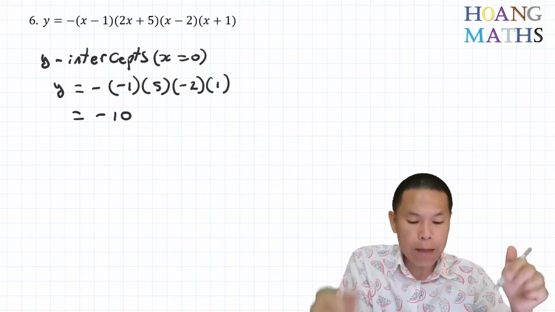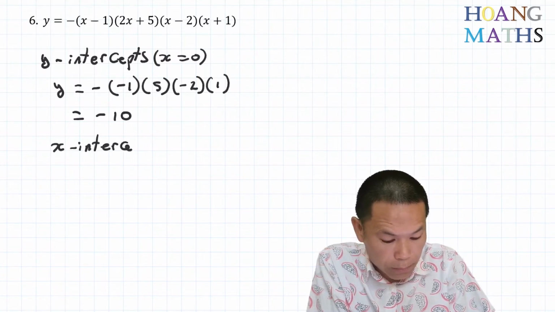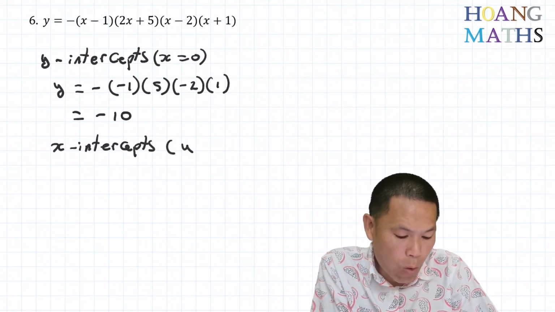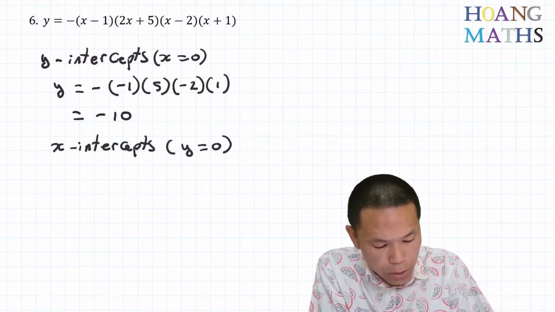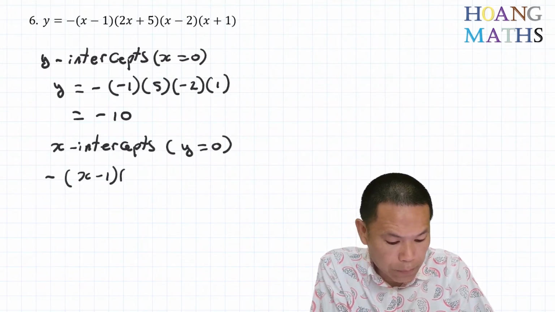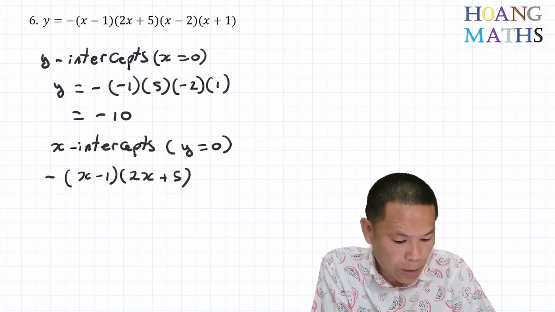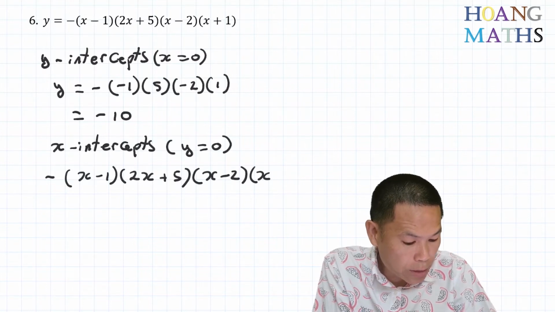Now the x-intercepts, that means when y is equal to 0. So I just write this down first. So negative x minus 1, 2x plus 5, x minus 2, x plus 1 is equal to 0.